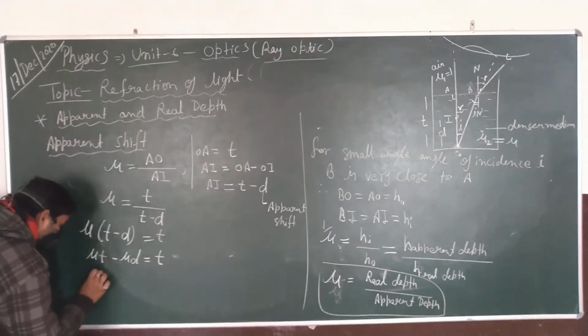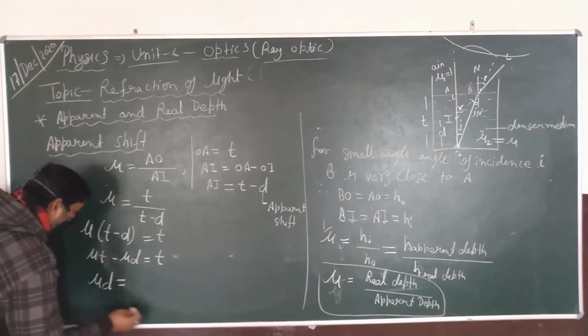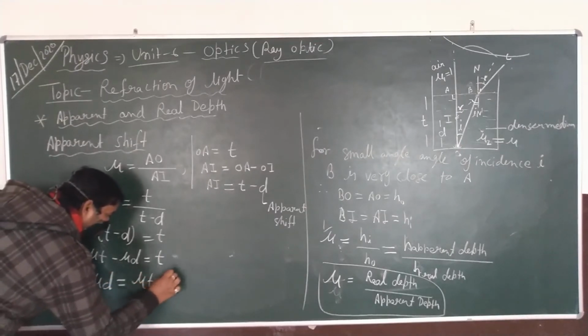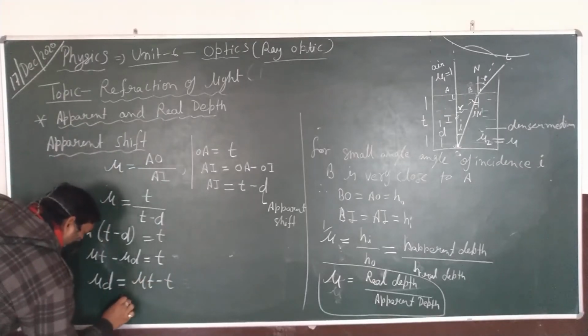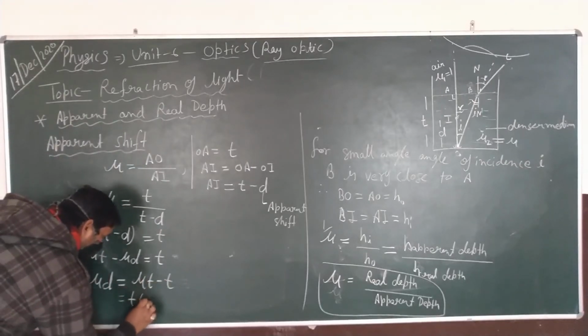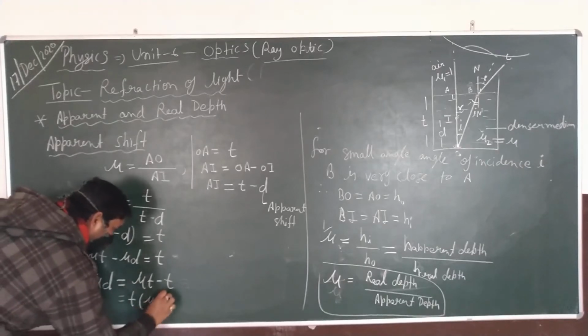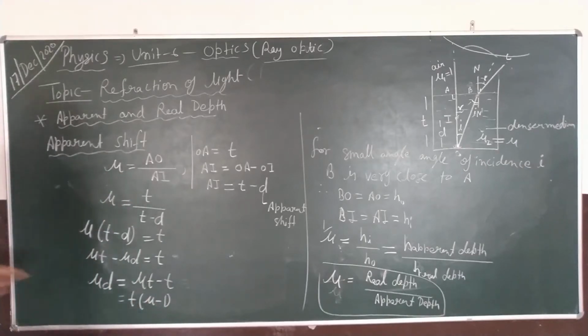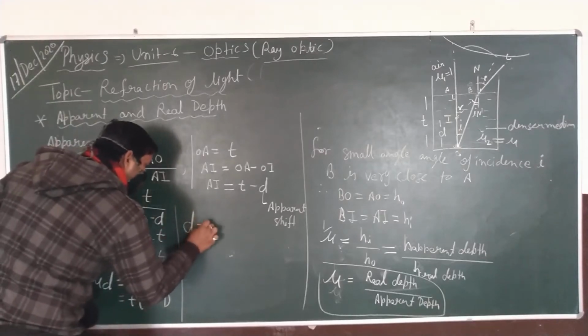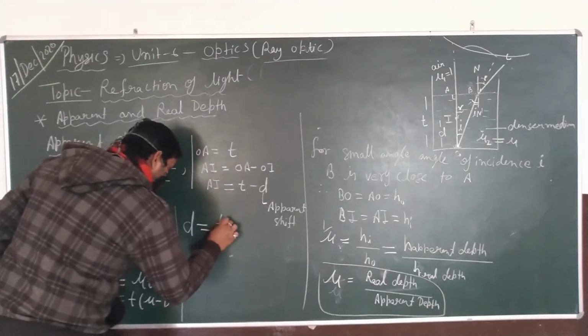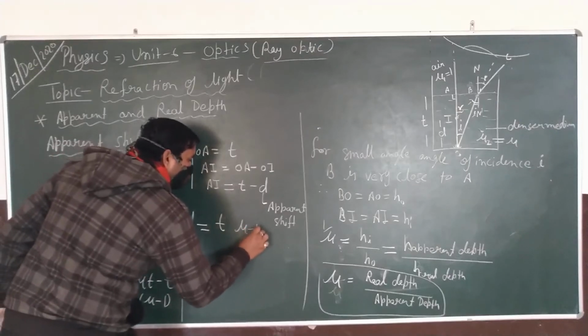We get mu D is equal to mu T minus T. Here T is common: T times (mu minus 1). Now calculate the value of apparent shift, which is D is equal to T upon mu, times (mu minus 1).